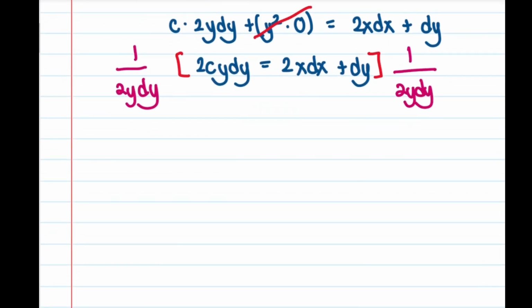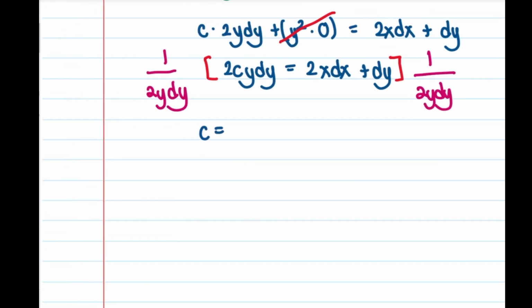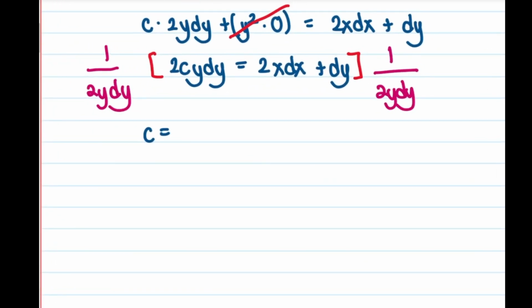Simplifying the equation will yield c is equivalent to 2x dx all over 2y dy plus 1 over 2y.